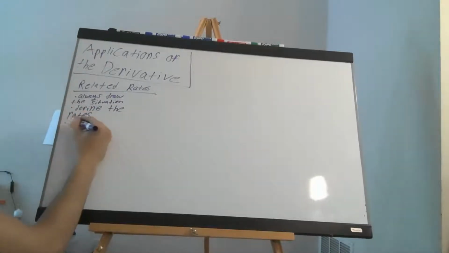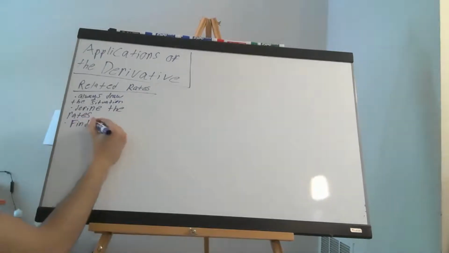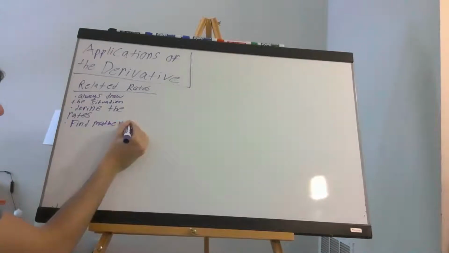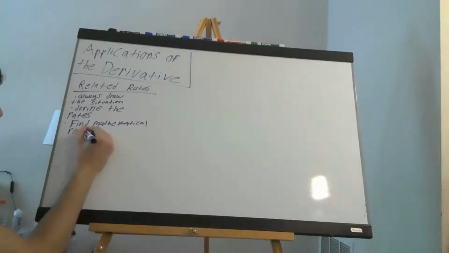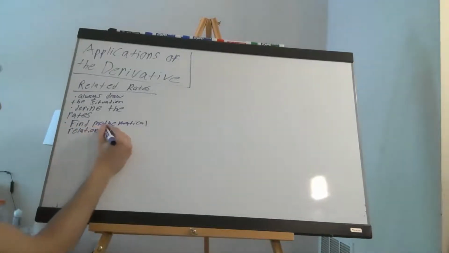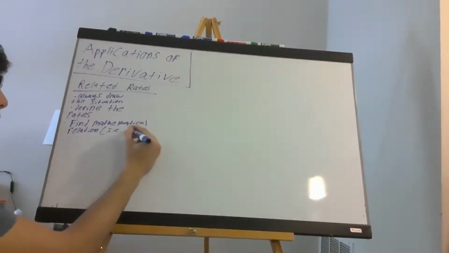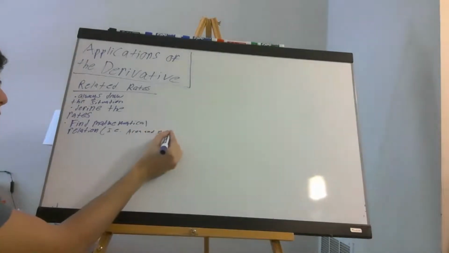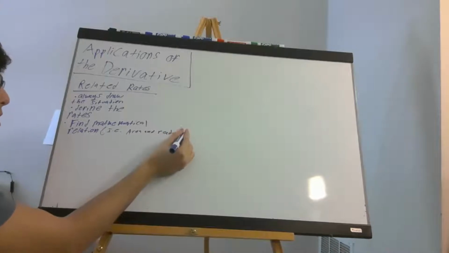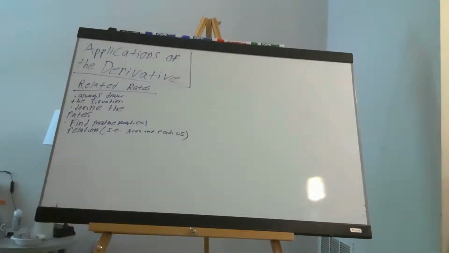Our third rule, find a mathematical relation, i.e. area and radius, like what we just did. And this is just if you're taking notes, so if you kind of have a reference point there.